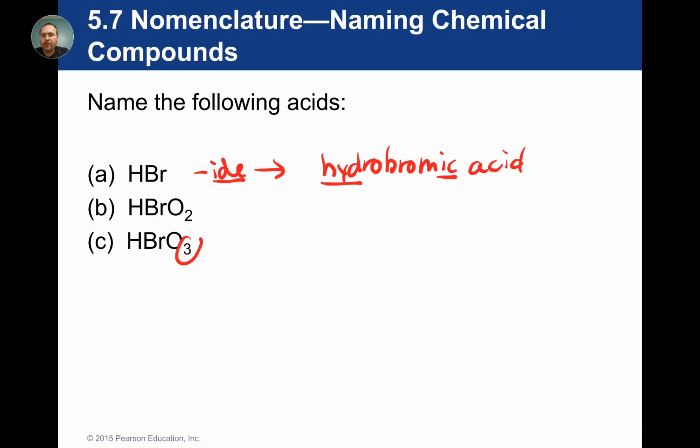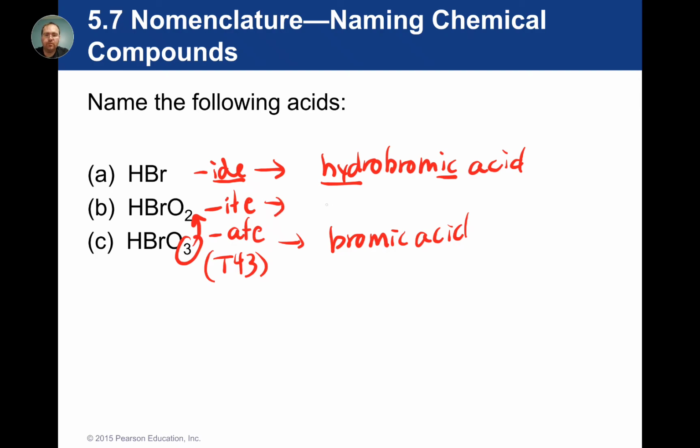Once we recognize that 3 was -ate, based on the ternary pattern, now we know that "I ate something icky," this would be bromic acid. And by knowing that 3 is more than 2, dropping down, that's just -ite, "Sprite is delicious," tells us that this was just bromous acid. So hopefully using those patterns, we can better predict some educated guesses on some of these homework questions, and not have to rely so heavily on flashcards.